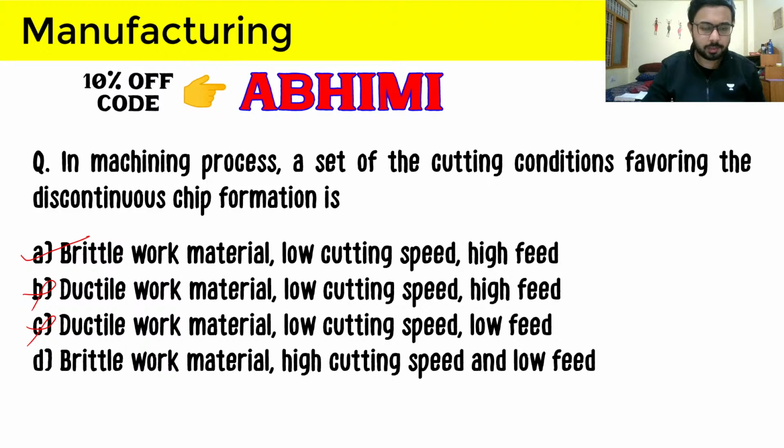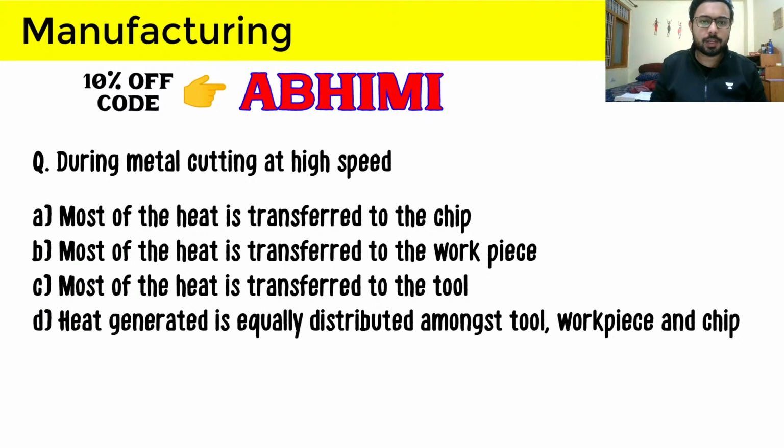So let's see the other question here. During metal cutting, that is during a machining process where material is getting removed, what is happening? Is most of the heat transferred to the chip, is most of the heat transferred to the workpiece, or is most of the heat getting transferred to the tool?